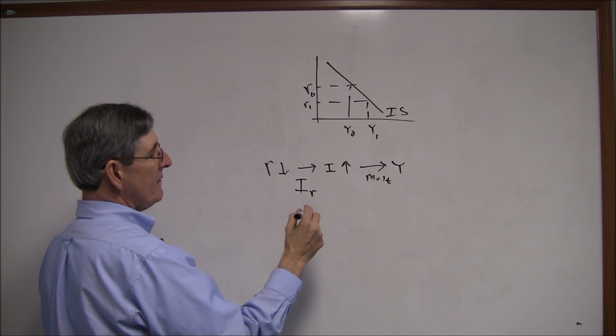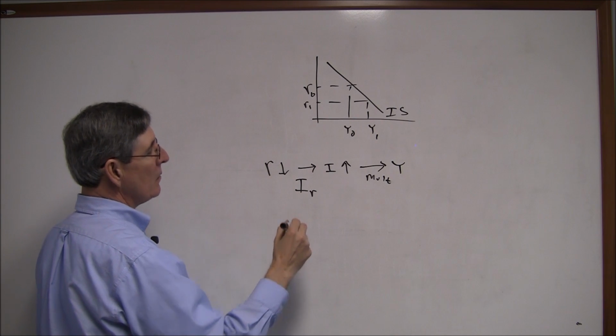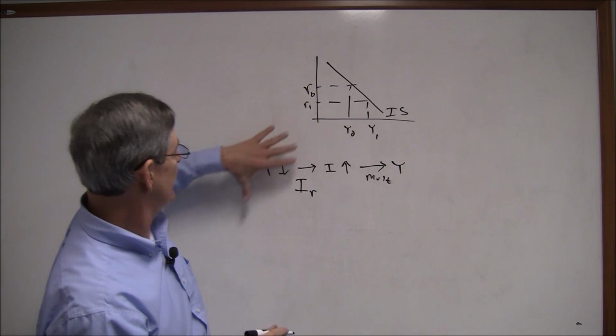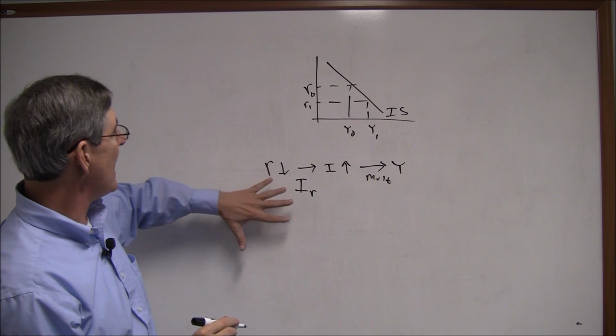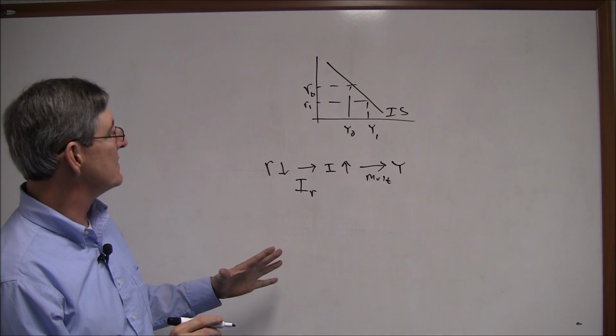Now, if I of R had been even bigger, what would happen? So this is the first case. Now let I of R be bigger in magnitude.